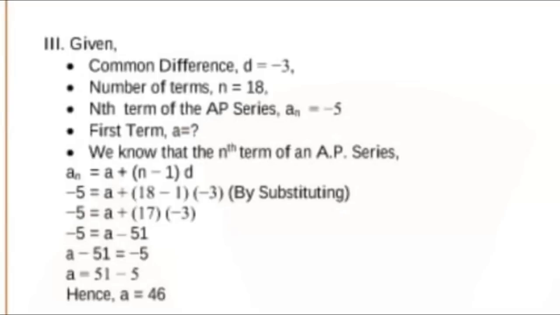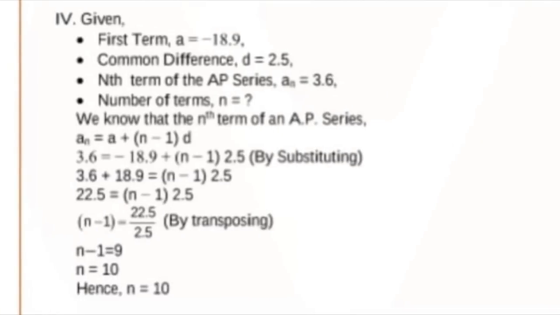So minus 5 is equal to a plus 17 into minus 3. 17 into minus 3 is minus 51. Let us shift minus 51 to that side. So a is equal to plus 51 minus 5, which is equal to 46. So here the value of the first term is 46.